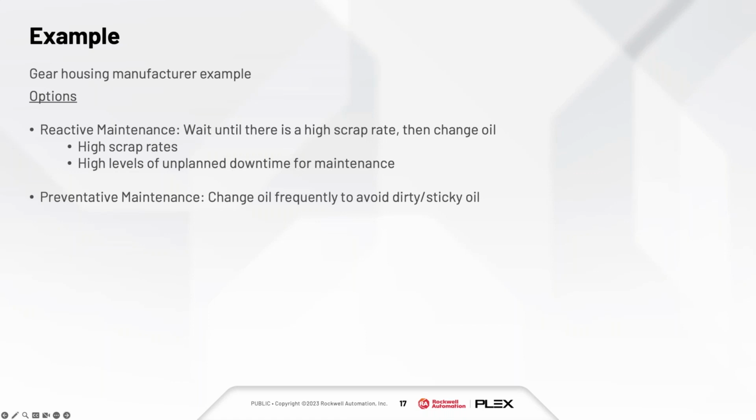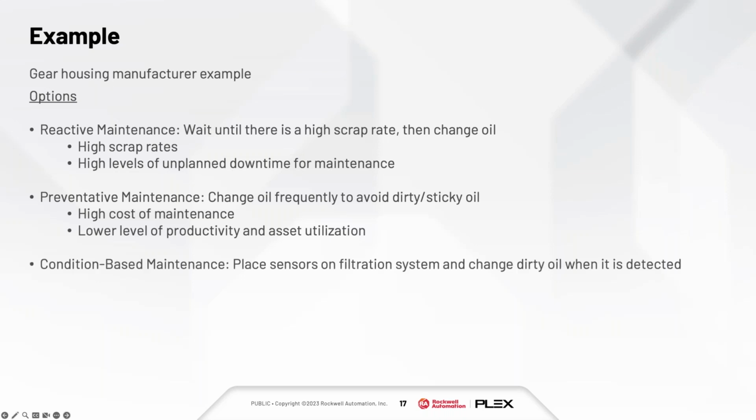Or they could choose a preventative-based approach, which would set a maintenance schedule to ensure they remove the possibility of any dirty oil ever being a factor. That likely would result in increased maintenance costs and lower availability to ensure we combat any potential for scrap at that particular work center.